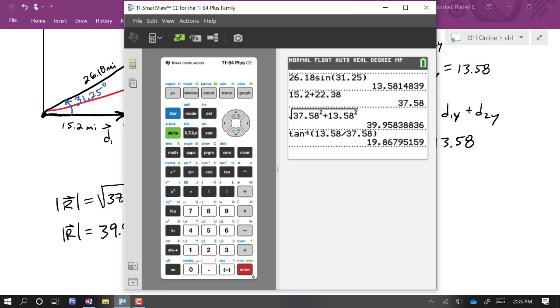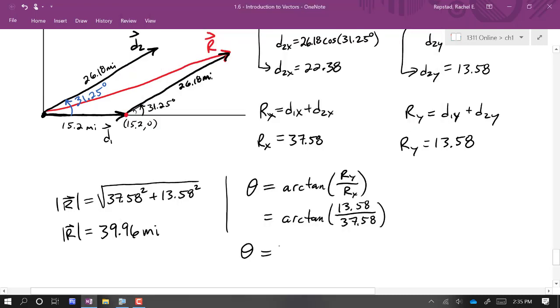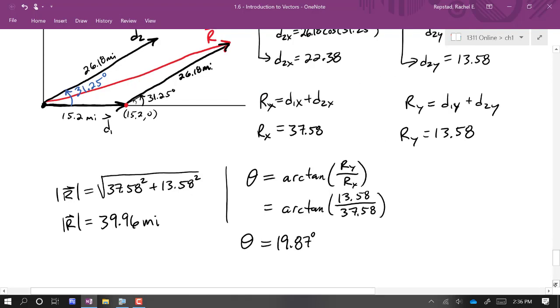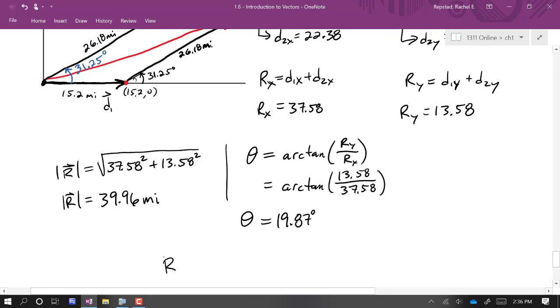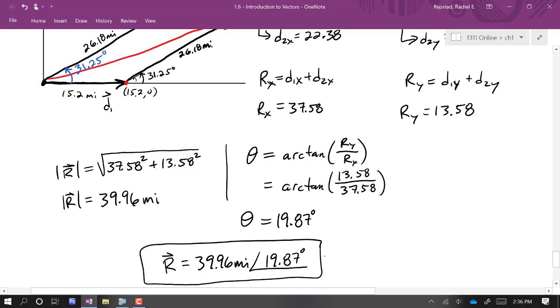I get 19.87 degrees. So the resultant vector is 39.96 miles at 19.87 degrees. Now this is a standard position angle, so it's understood that that means 19.87 degrees north of east. We're starting at the positive x-axis and going counterclockwise.